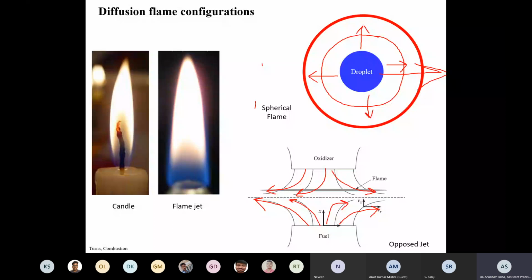You want to see how it is formed? I have some videos. Can you see this? Yes, sir. So this is an opposed jet flame. Let me play this for you. This is actually a video, not a photo.